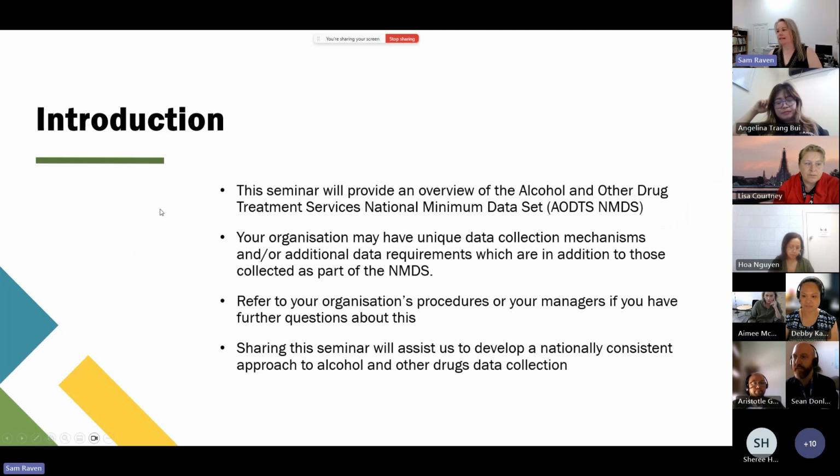So what we're going to talk about today is an overview of the national minimum data set. It's important to note that your organisation probably has data collection methods that are unique to each organisation. So I don't have knowledge of how your systems work or how your organisation collects this data in particular.